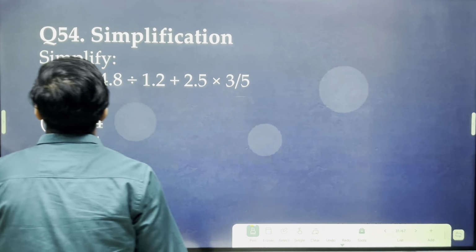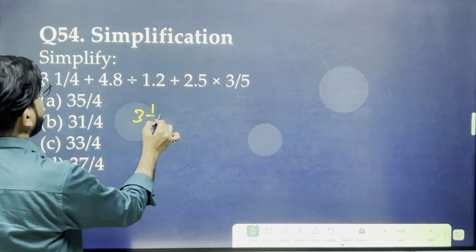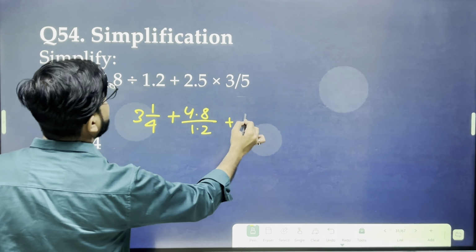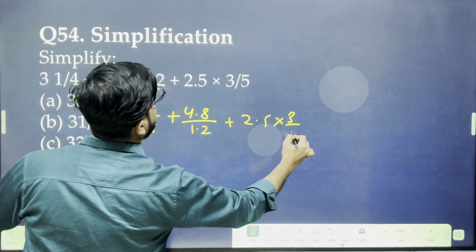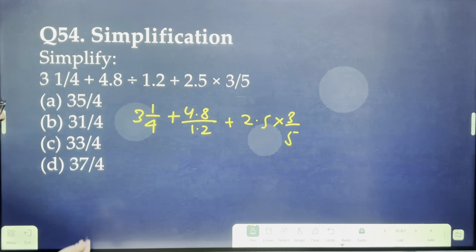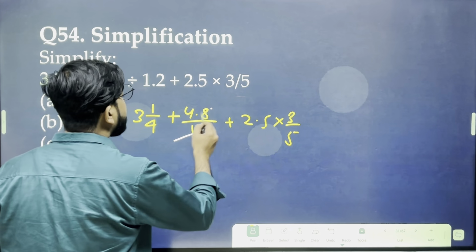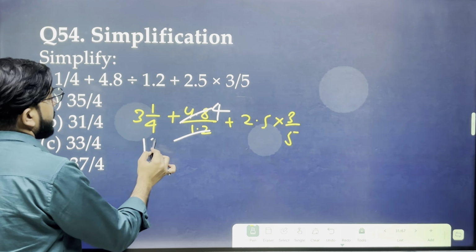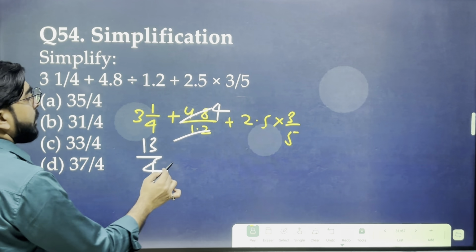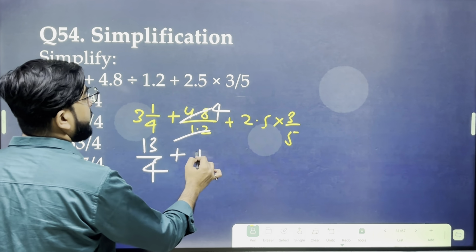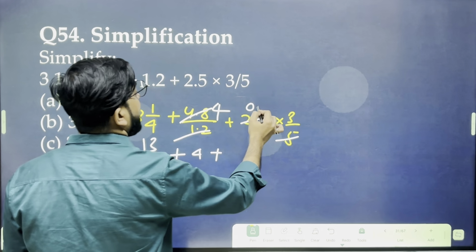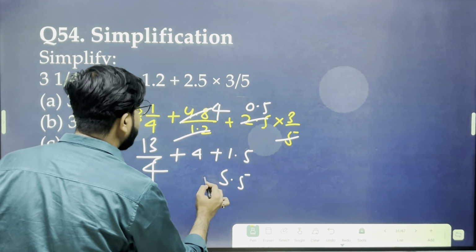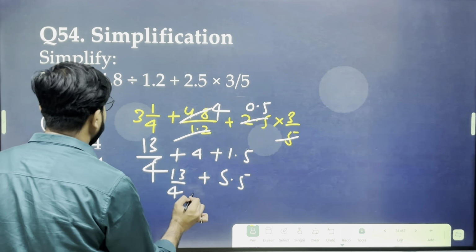Simplify this. That seems like 3 is to 1 by 4 plus 4.8 divided by 1.2 plus 2.5 into 3 by 5. So that seems easy. You can solve this. How? 4 times divided, and that is 13 by 4 plus 4 plus 5 fives are 25, that becomes 1.5, that becomes 5.5 plus 13 upon 4.